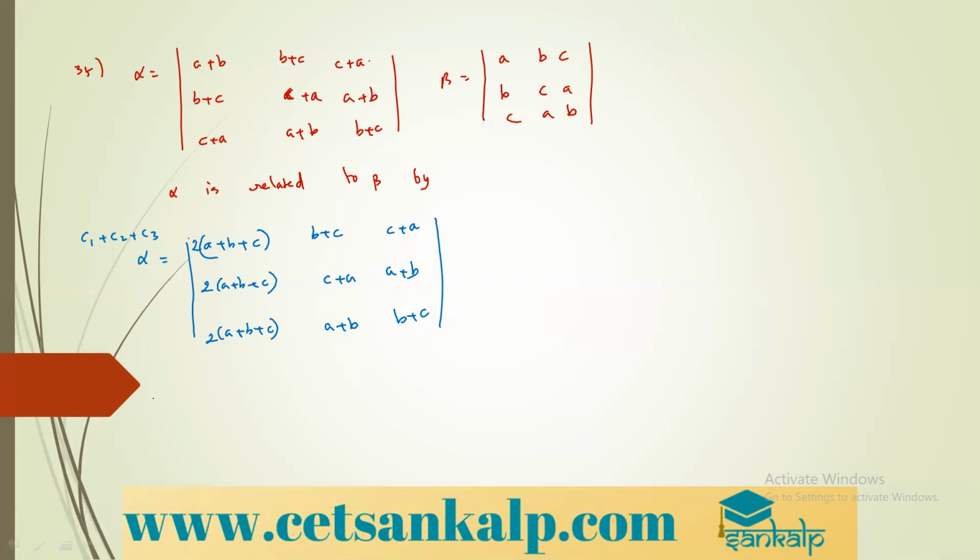I can take out 2. Then I have a plus b plus c, b plus c, c plus a; a plus b plus c, c plus a, a plus b; a plus b plus c, a plus b, and b plus c.